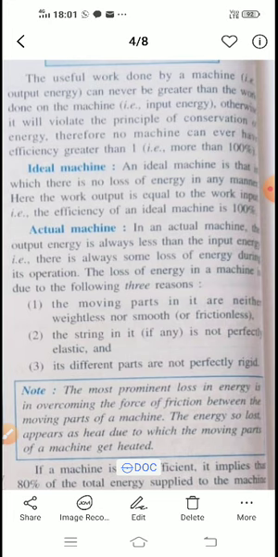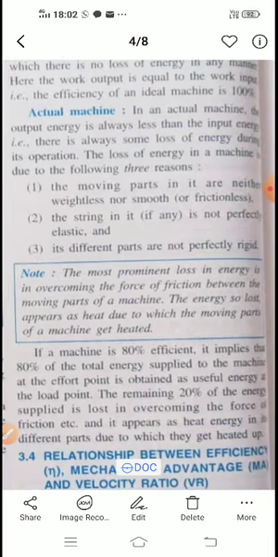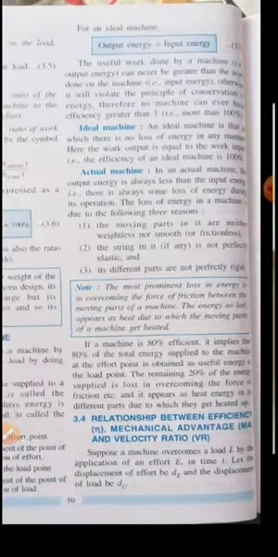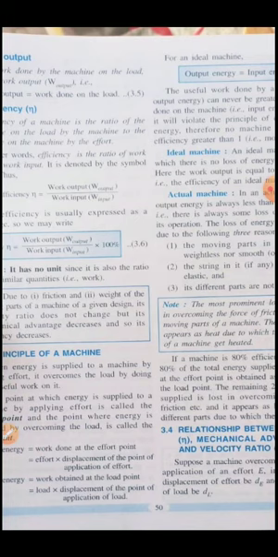All these things eventually give rise to heat energy. So if you supply 100% input energy, your output will be only 80%, and the remaining 20% is the loss of energy. For example, if a machine is 80% efficient, the 20% is lost because of friction, and we get only 80% of the output. This is how your machine works. It is called the principle of machine.